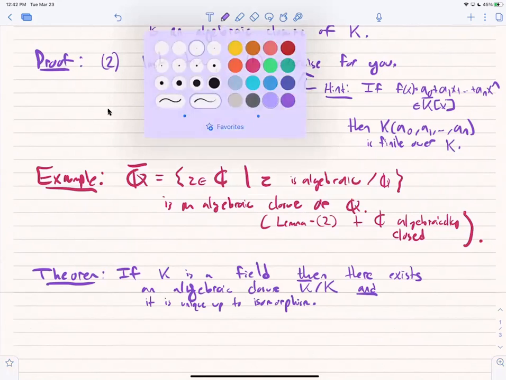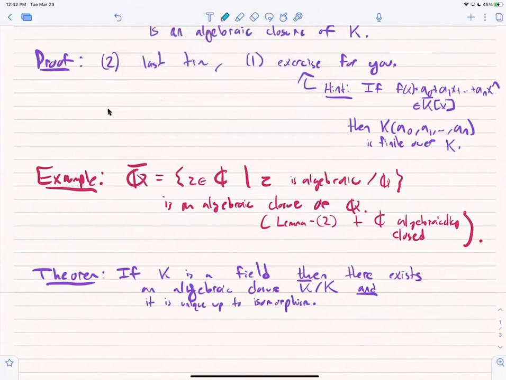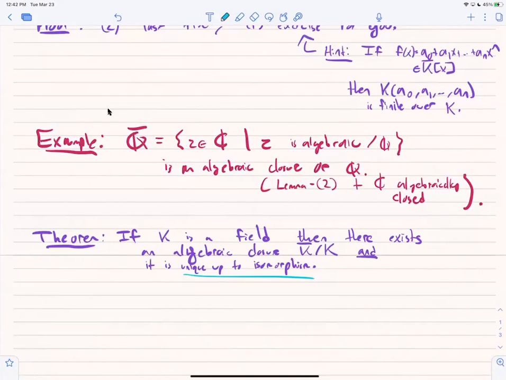Let me recall an example we already talked about. The complex numbers is an algebraic closure of the real numbers.